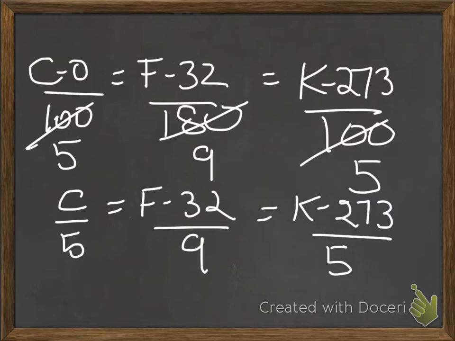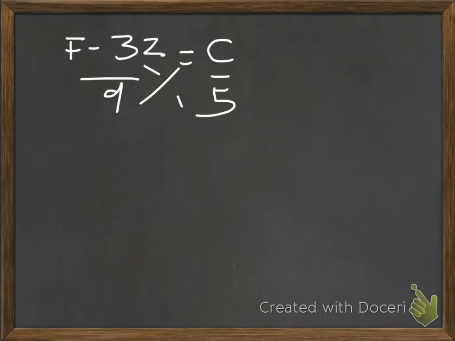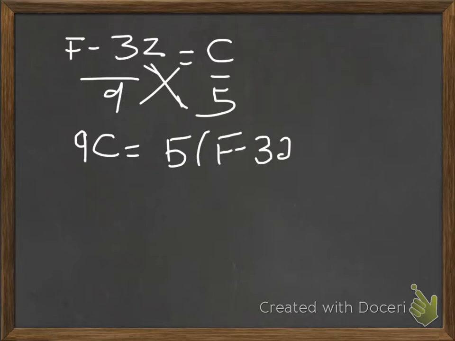Now for converting Celsius to Fahrenheit, use the formula (F minus 32) by 9 equals C by 5. If we cross multiply, we'll get 9C equals 5 of (F minus 32).